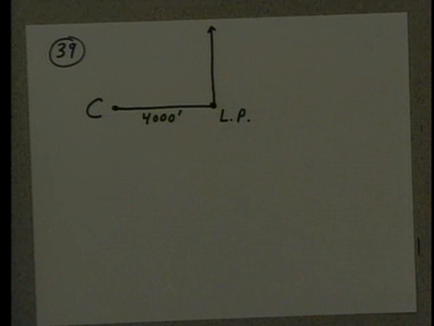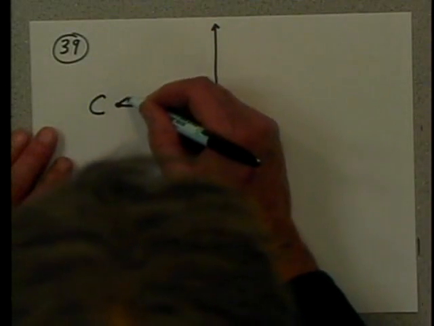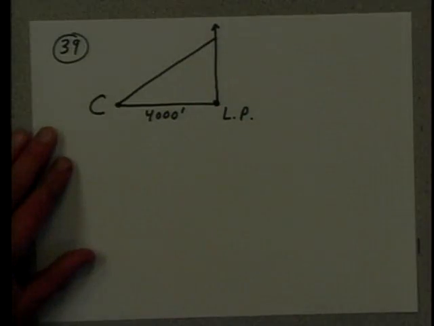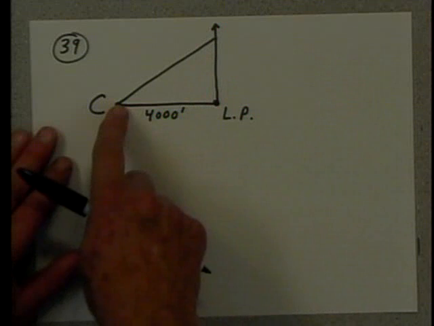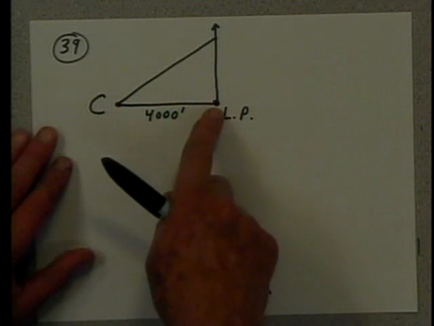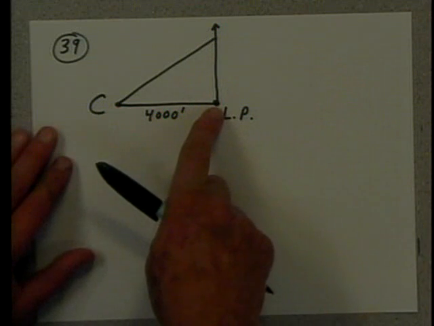And question A says, how fast is the distance from the camera to the rocket changing? That would be that side. Okay, you notice we put 4,000 in right away because the distance between the camera and the base should not change. If it does, it's time to get nervous.